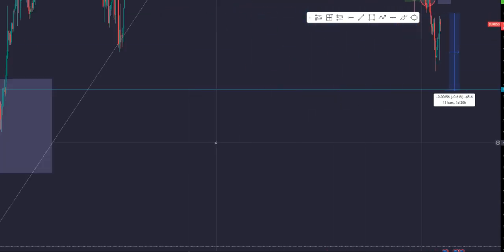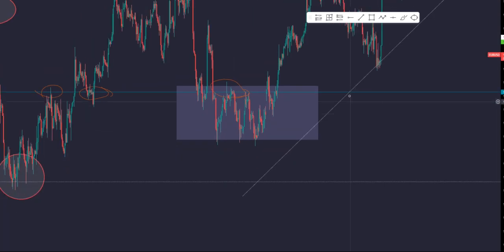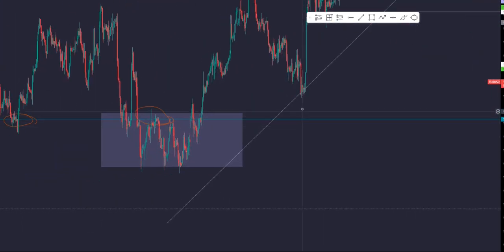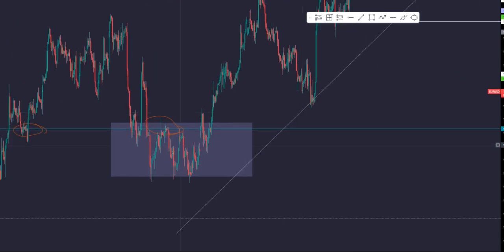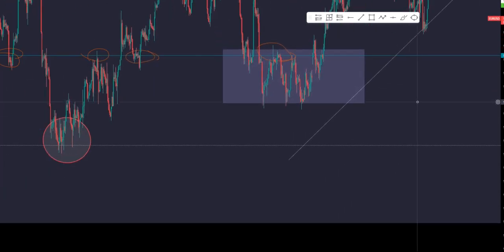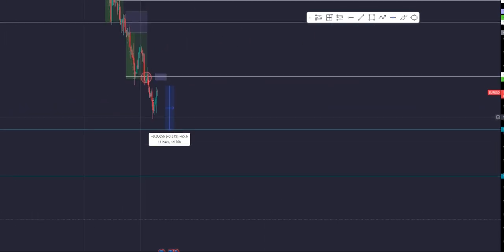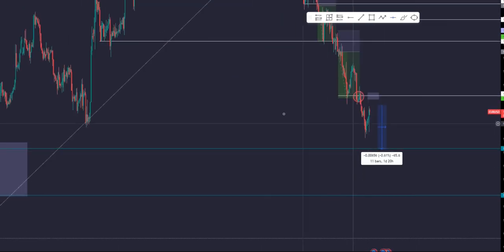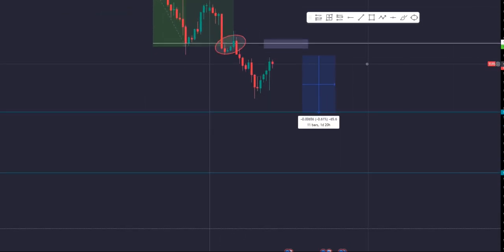And the next area is going to be this. I just marked up this area. Yeah, it's going to be here. If it's not here, okay, it's going to be here, the first target, and the next target is gonna be here. Okay.